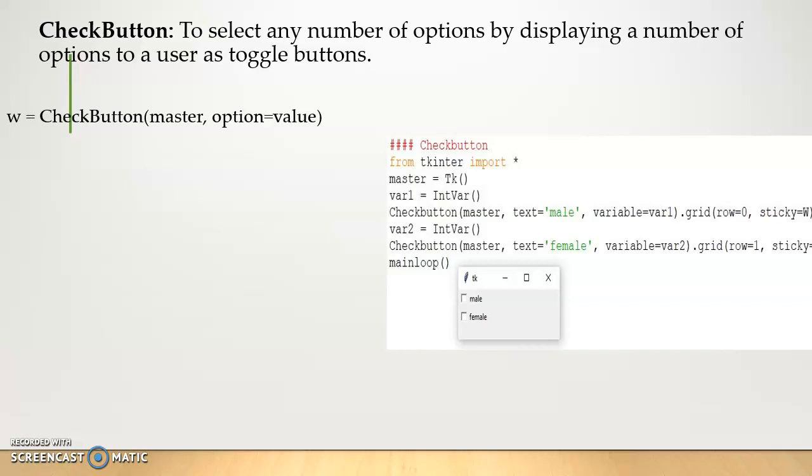You can see that all the methods have the common syntax, that is the name of the widget, and in the argument list we write master, and then option is equal to value. At the place of options we have different parameters, and beside the parameter name we write the values.